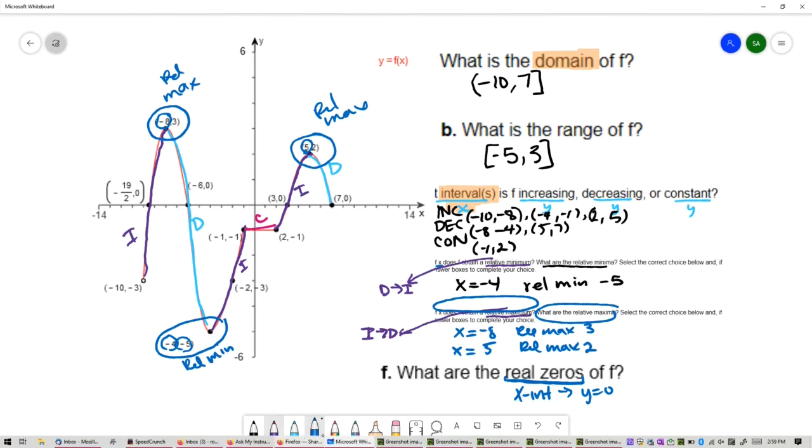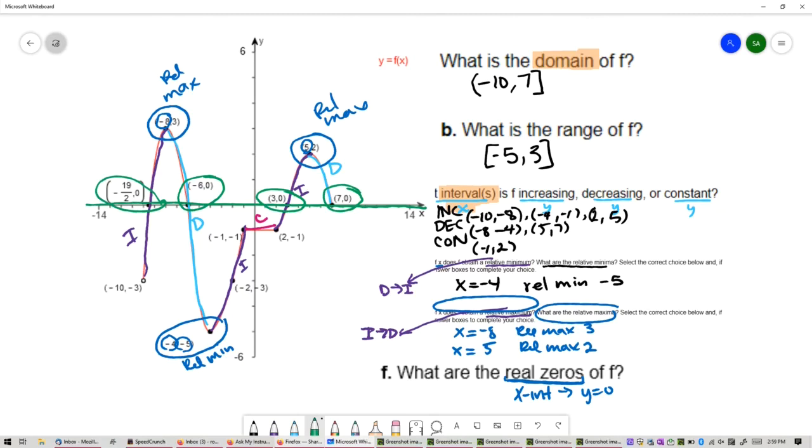An x-intercept is where the graph crosses or touches the x-axis. The x-axis is here. So we have several locations where the graph crosses or touches the x-axis.